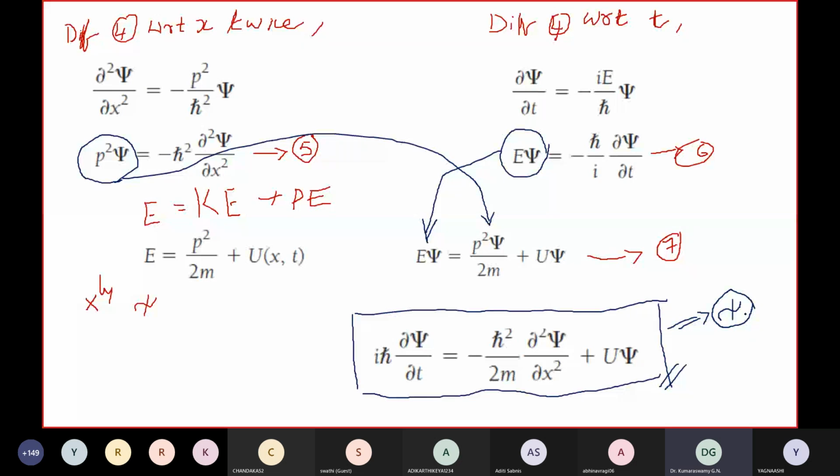Then you have to extract the information from it. This is not a simple thing. First, you input all the conditions of the system so that you evaluate psi. Then you extract whatever information you want from psi. That is the method.